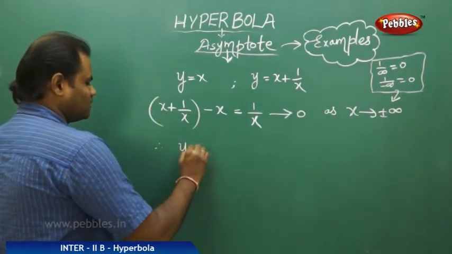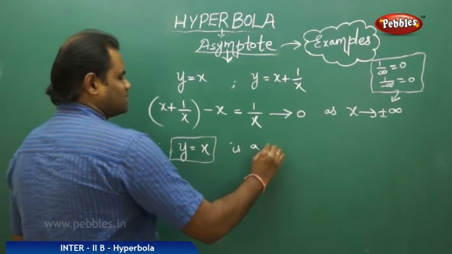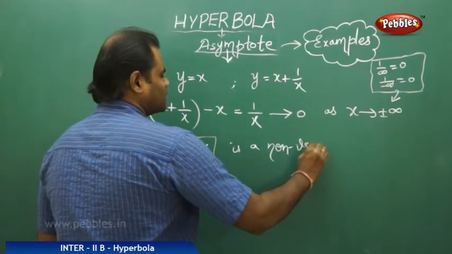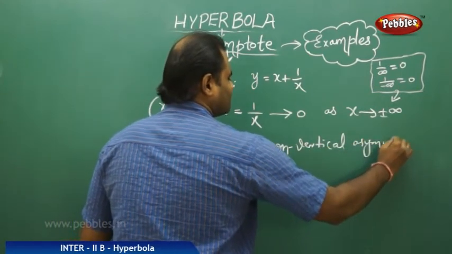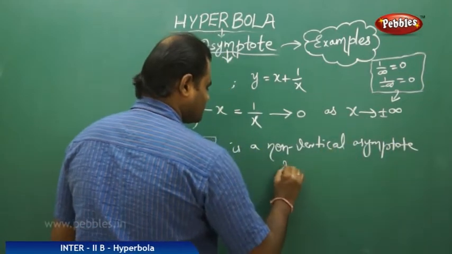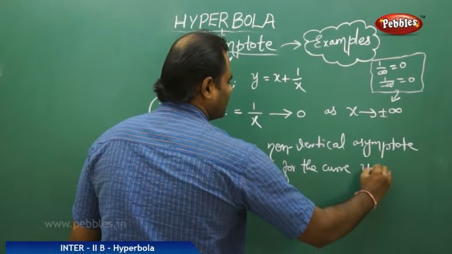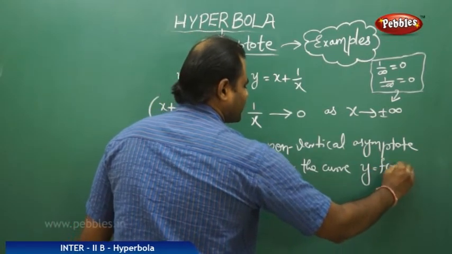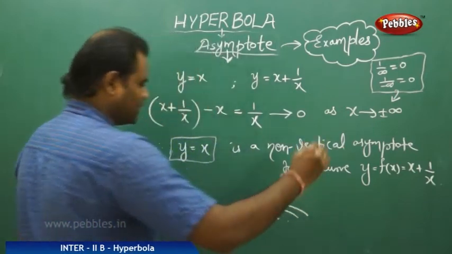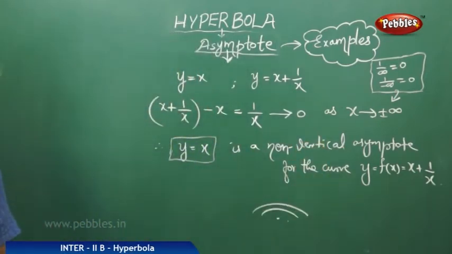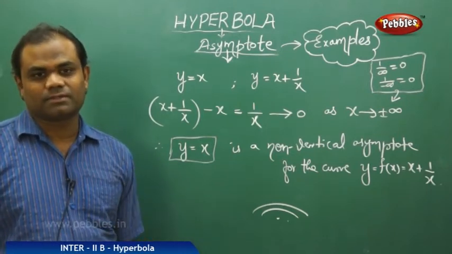Therefore, y equal to x is a non-vertical asymptote for the curve y equals f of x, that is x plus 1 by x. This is how we understand the non-vertical asymptote for the curve y equals f of x.